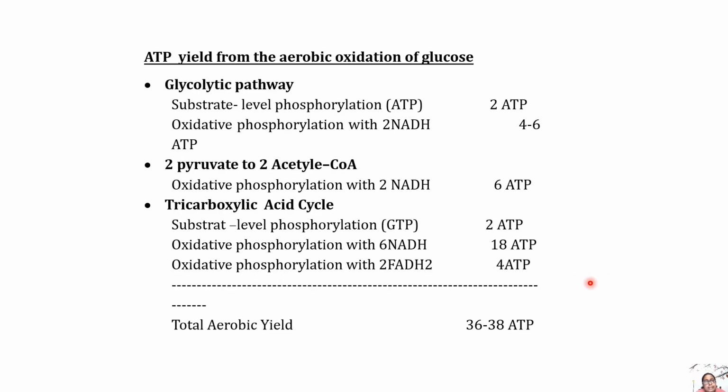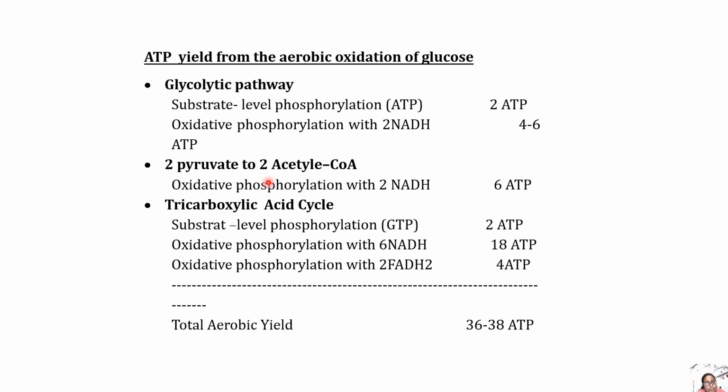Right? So what is the ATP yield from the entire aerobic oxidation of glucose? First we go through the glycolytic path. We have discussed this in one of the previous classes. For substrate level phosphorylation, there are 2 ATP generated. For oxidative phosphorylation with 2 NADH, there are 4 to 6 ATP. Now from 2 pyruvate to 2 acetyl-CoA, there are 6 ATP from oxidative phosphorylation with 2 NADH.